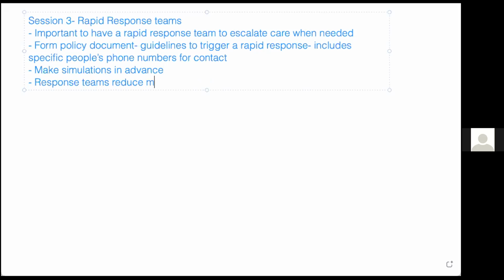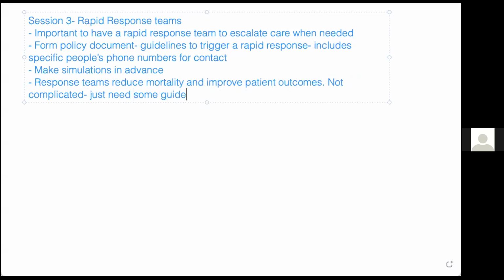The process of setting up these teams is not very complicated. You just need a few guidelines, and this is where the SEDA principles come out. You look at the situation, the relevancy, the importance of these teams. You look at the evaluation.